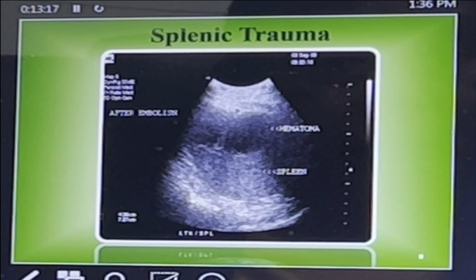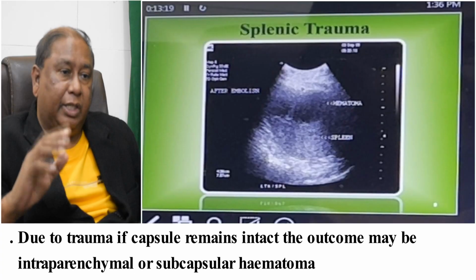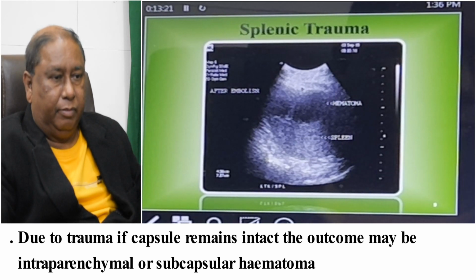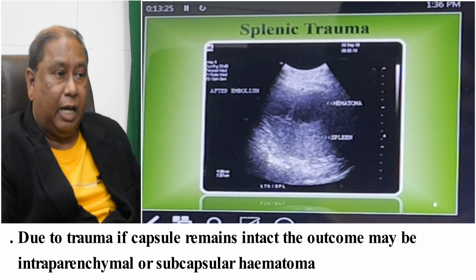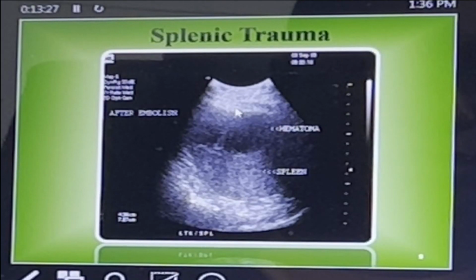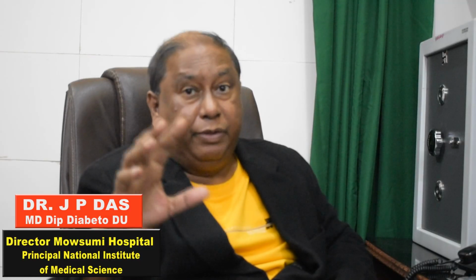Due to trauma, if the capsule remains intact, the outcome may be intraparenchymal or subcapsular hematomas. If hematoma is fresh, it would be echogenic.